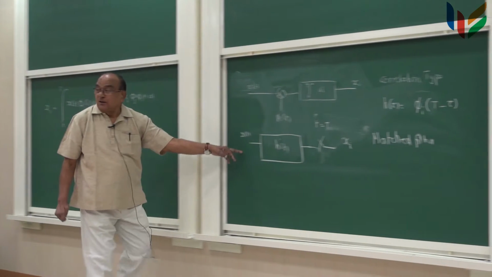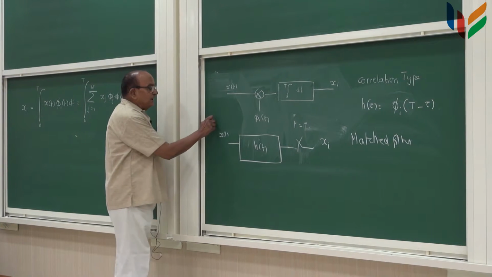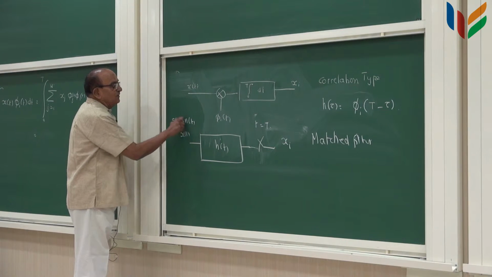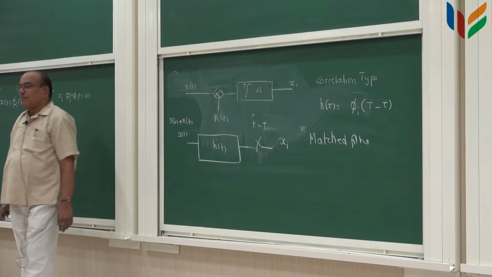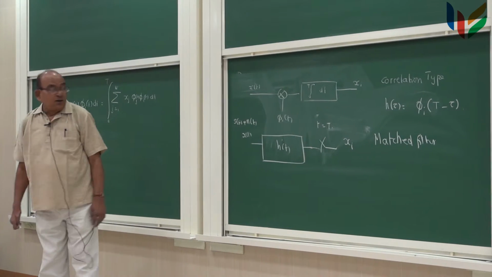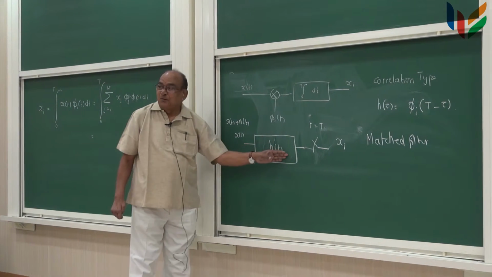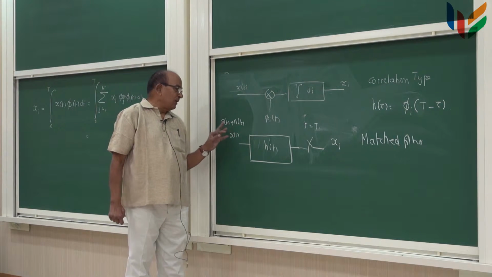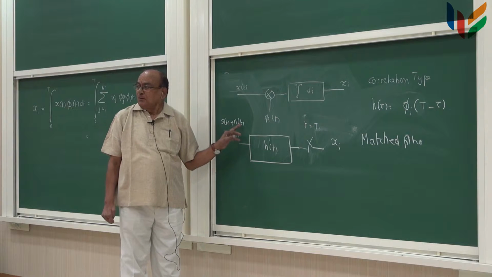If this x of t contains a desired signal s of t and an undesired signal, noise, then if you do the same operation here, you will get two components, one due to this and one due to this.